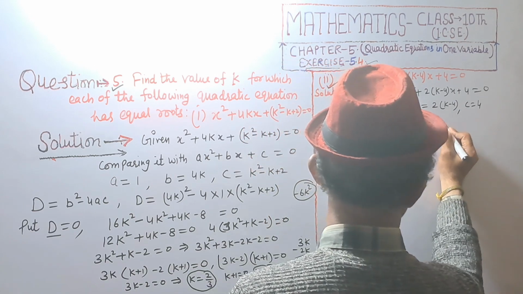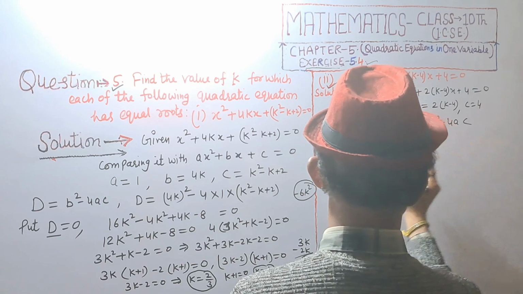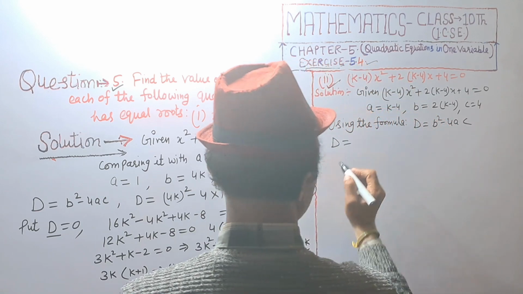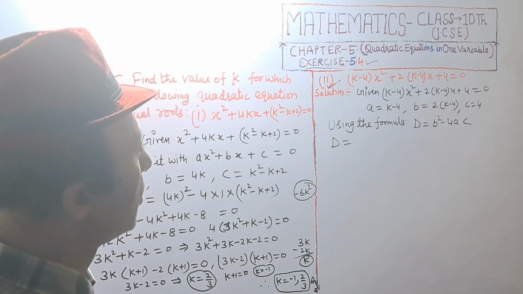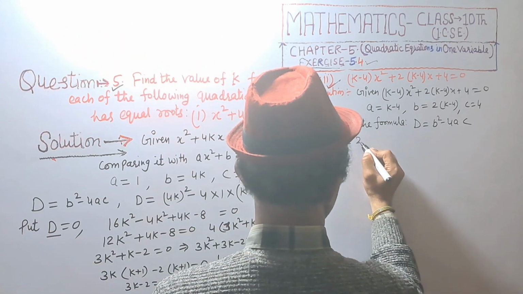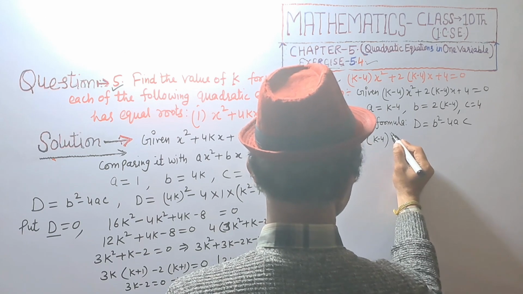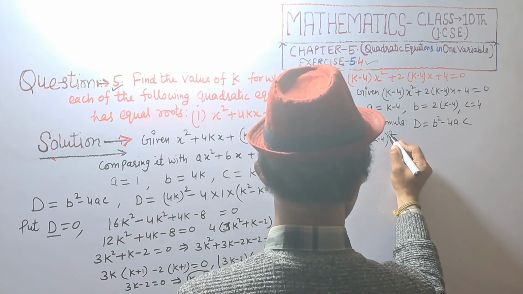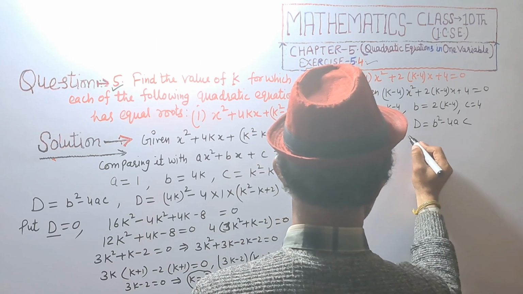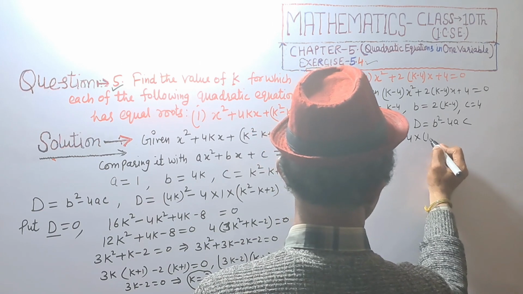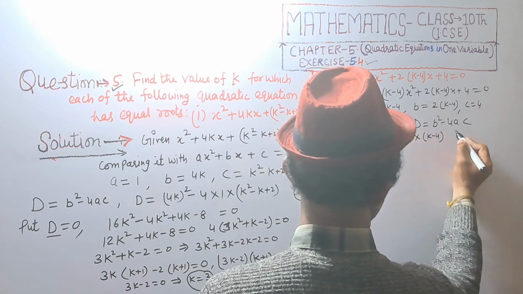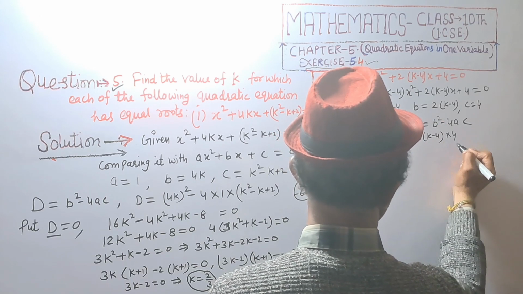D is equal to b square minus 4ac. Discriminant D is equal to 2 into k minus 4 raised to power 2 minus 4 into k minus 4 into 4.